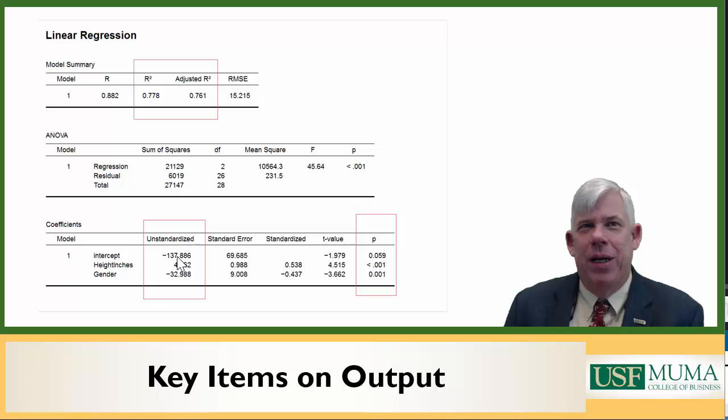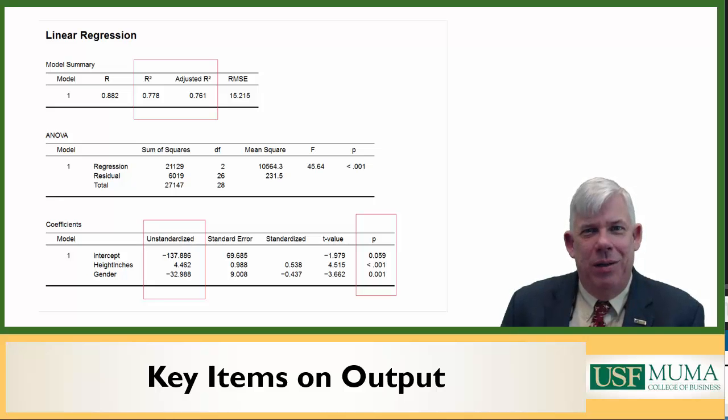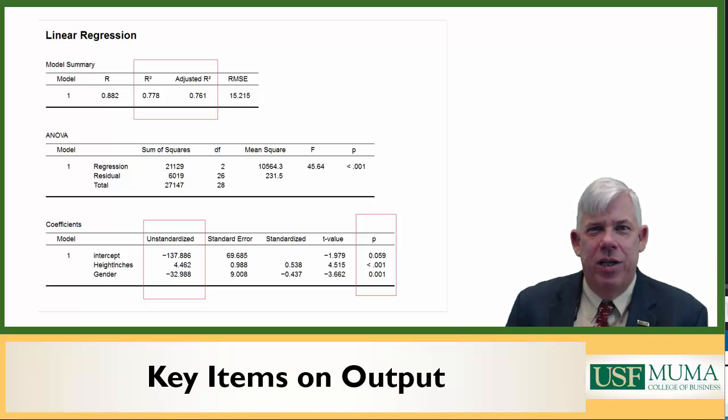Now our intercept, the constant that we need, has a p-value of 0.059. That wouldn't even hit our 5% significance test, but nevertheless we need it for our model. You could in fact create a model that forces the constant to be 0, and then you're going to get different values for your coefficients for gender and height in inches.